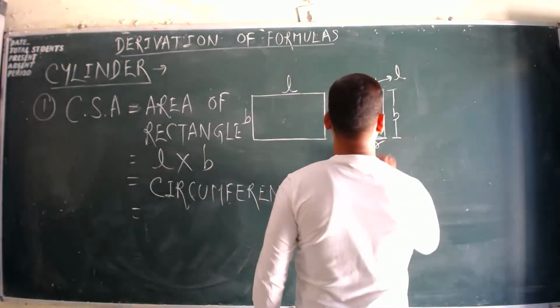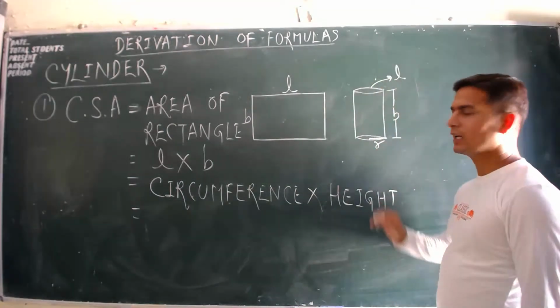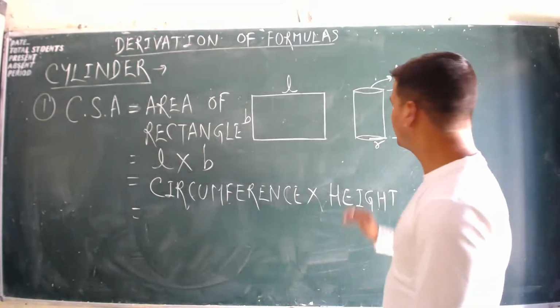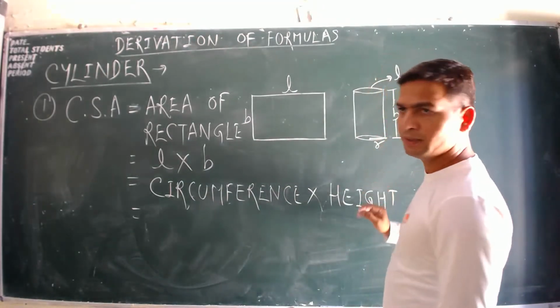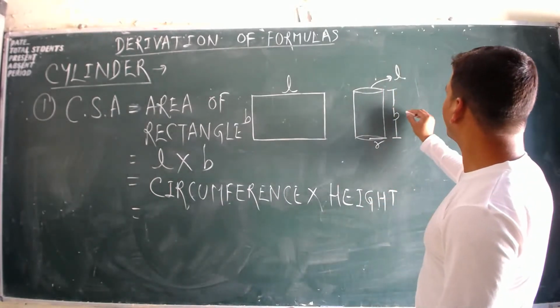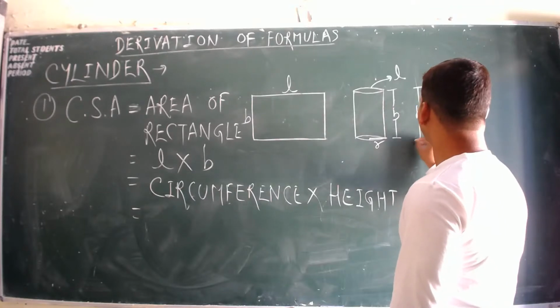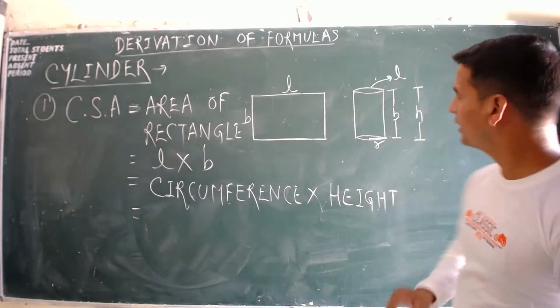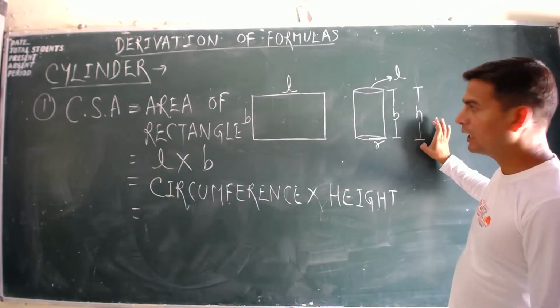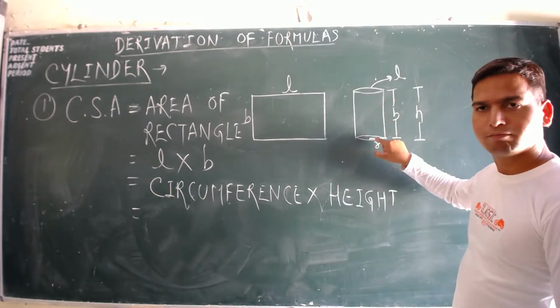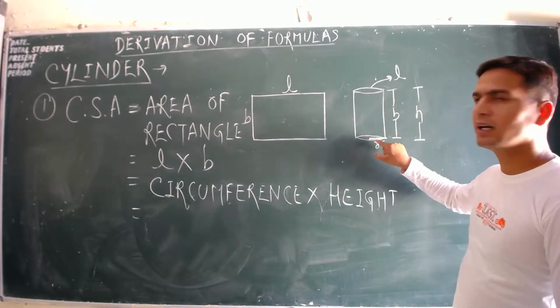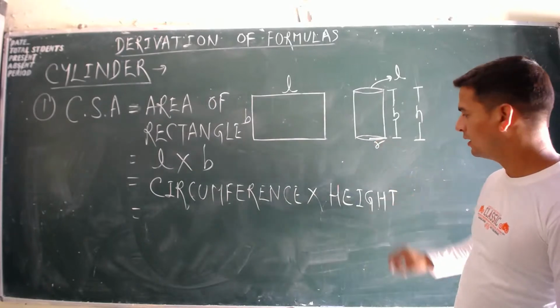Suppose the radius of a cylinder is taken as small r. Clear? And the height of the cylinder is taken as h. Clear? The cylinder's height is h, and the radius of the circular base is small r.